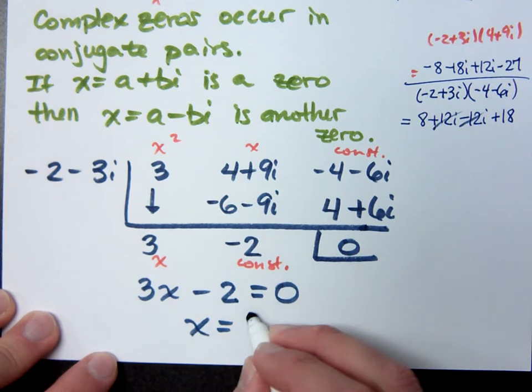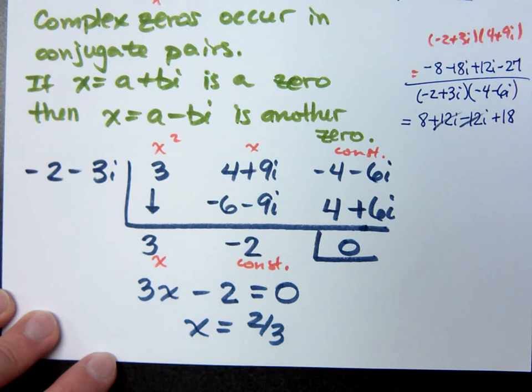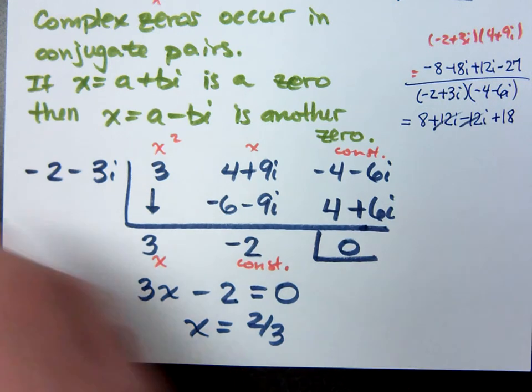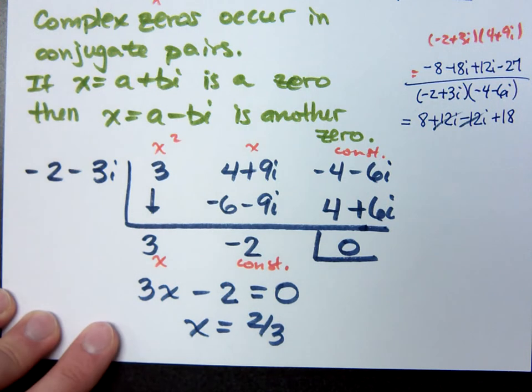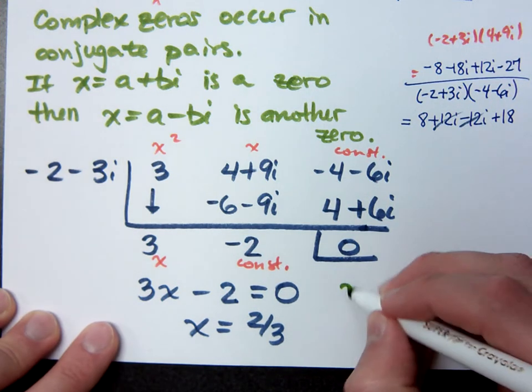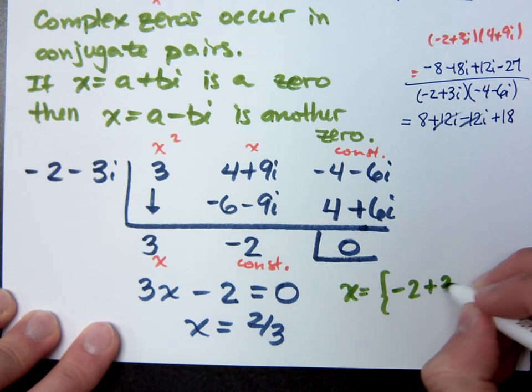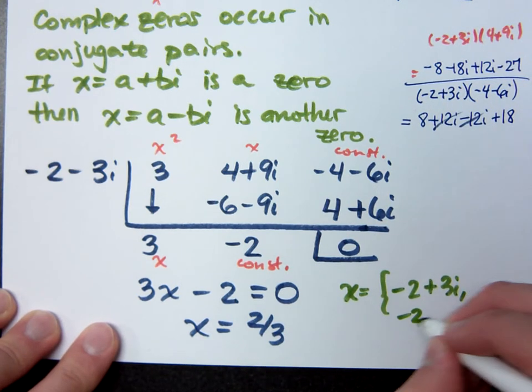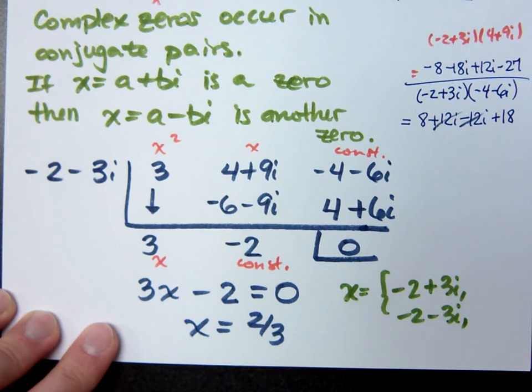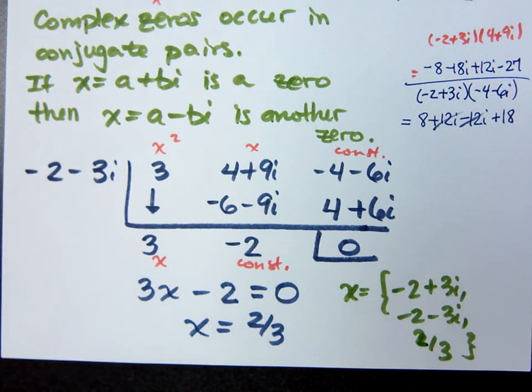X equals 2/3. So what are the zeros that we found for this function? Negative 2 plus 3i, negative 2 minus 3i, and 2/3.